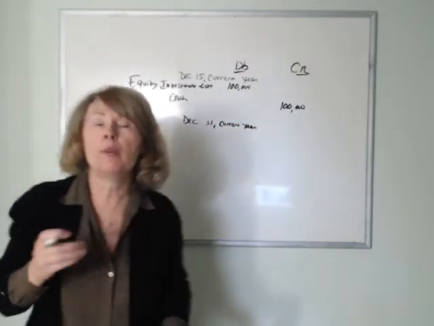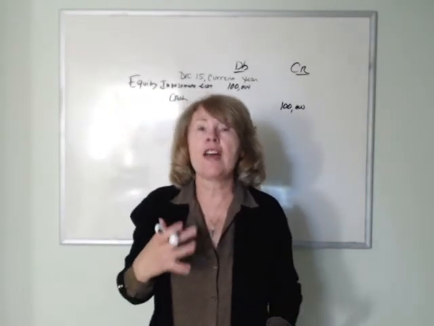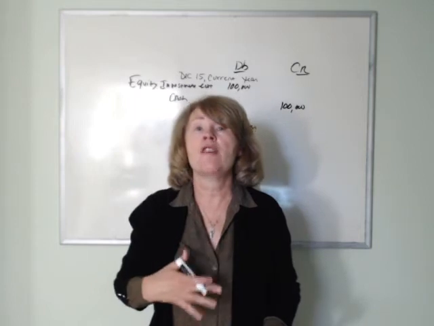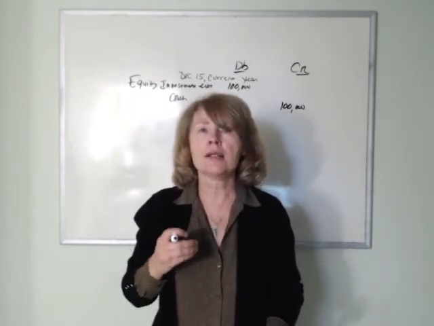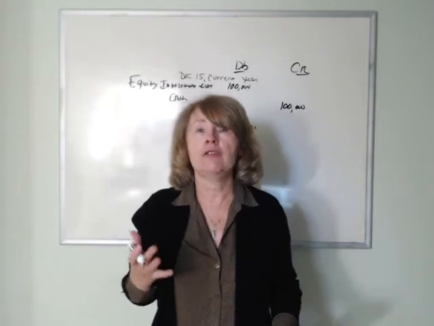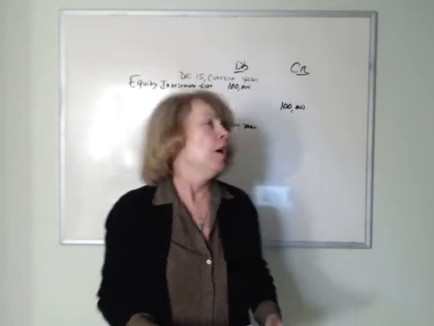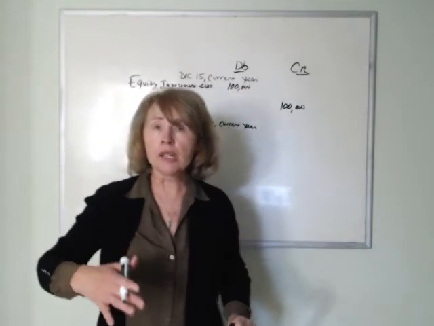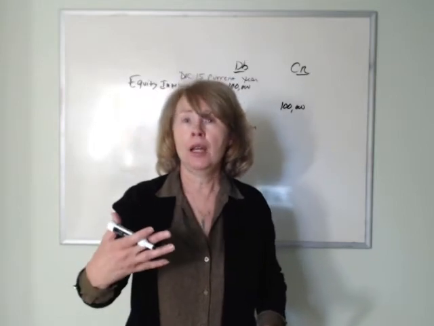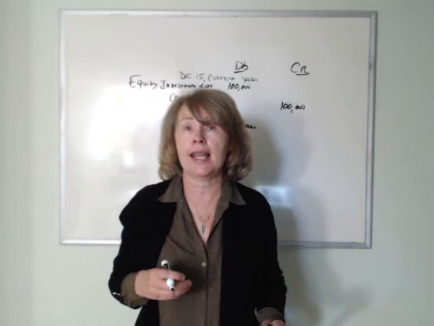All right, so remember when we read in this particular problem, they said that this investment at December 31st was valued at $105,000. We have to adjust this investment to market value. Well, what's the market value? 105. Well, we already have 100,000 on the books. This investment went up.